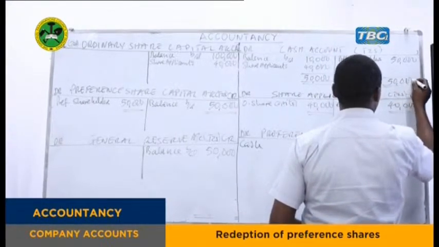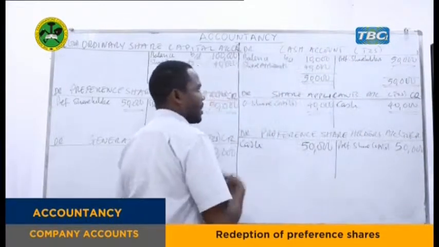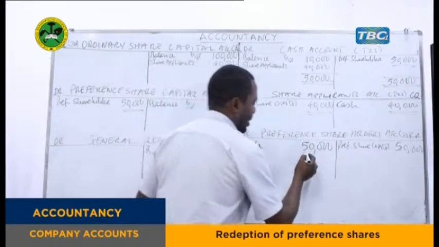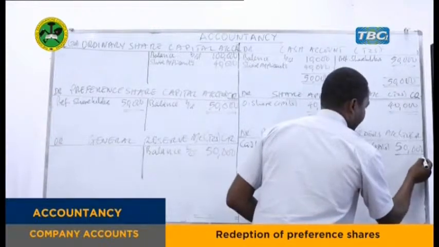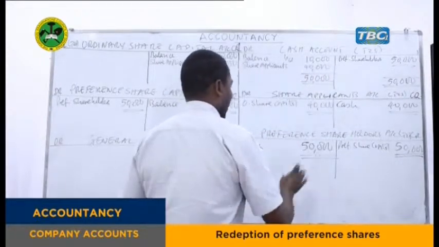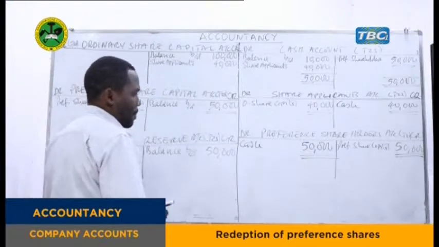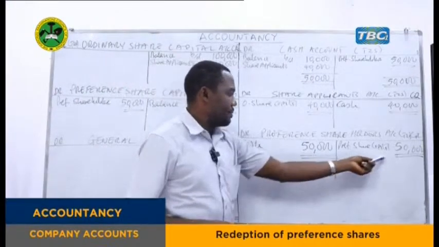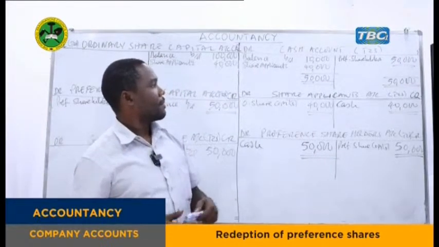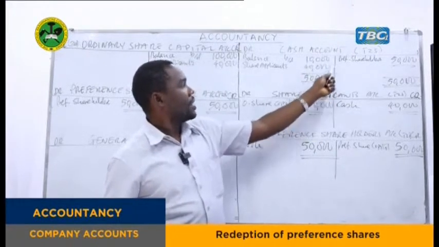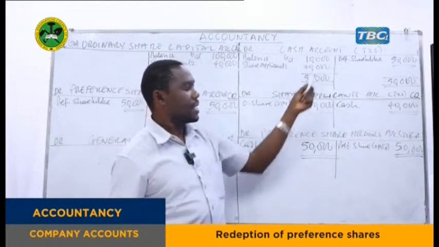So nothing remains in the business, unless we receive from other operations, or we use other sources like the bank balance account. Of course, these also balance. Okay, so we no longer have these preference shares. But remember, we have paid 50,000 to redeem the preference shares, but the amount raised from external source was only 40,000.